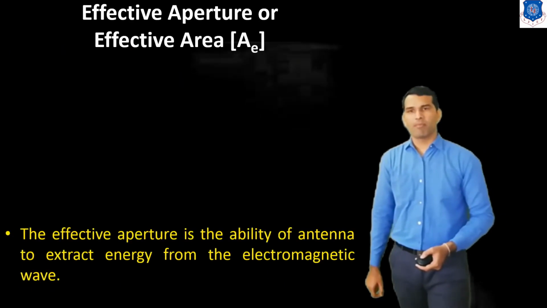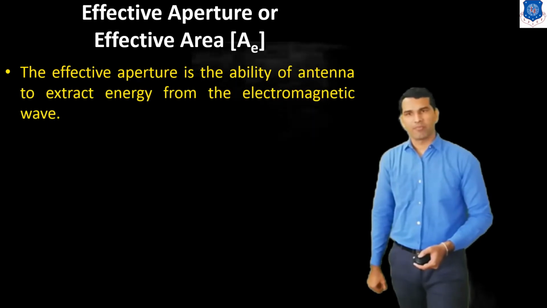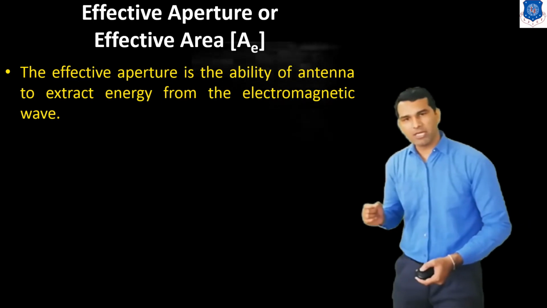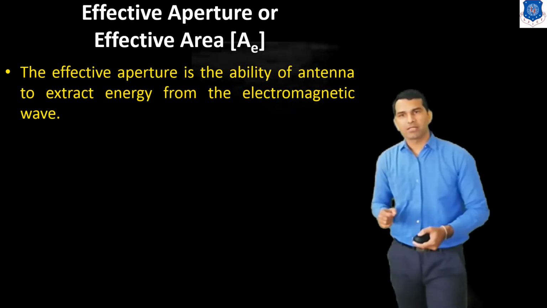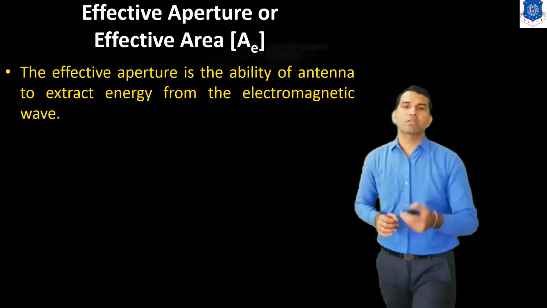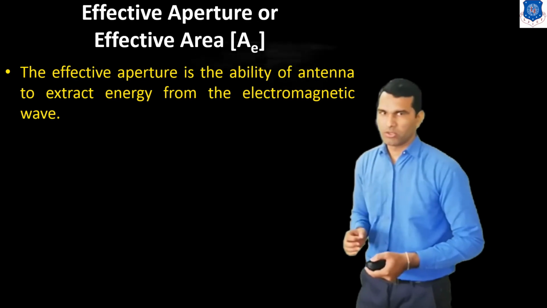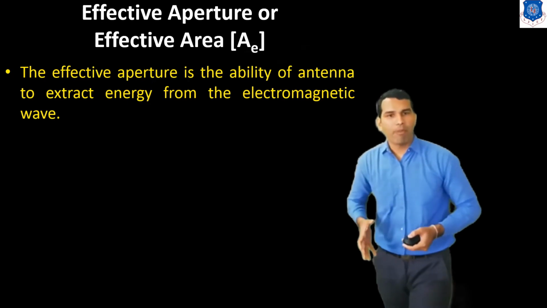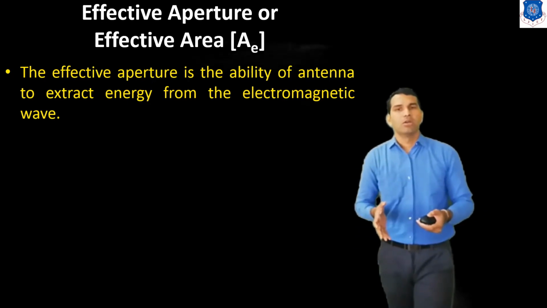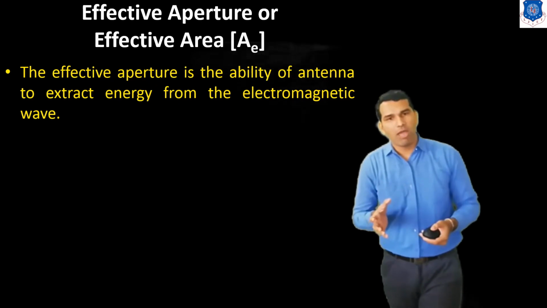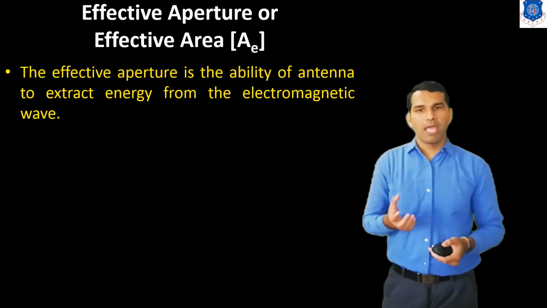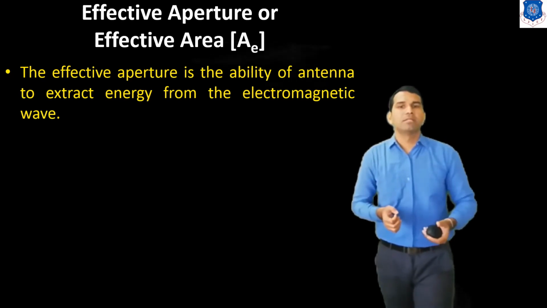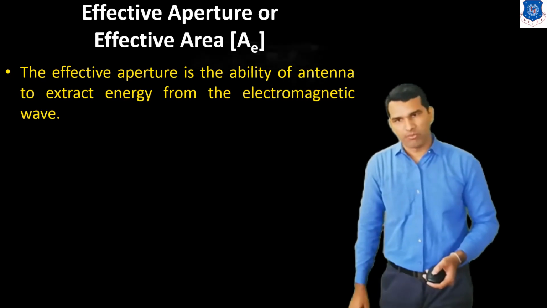Now effective aperture or effective area. The effective aperture is the ability of an antenna to extract energy from an electromagnetic wave.